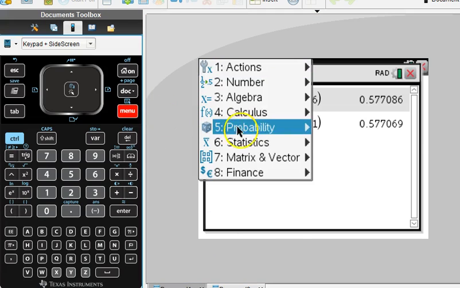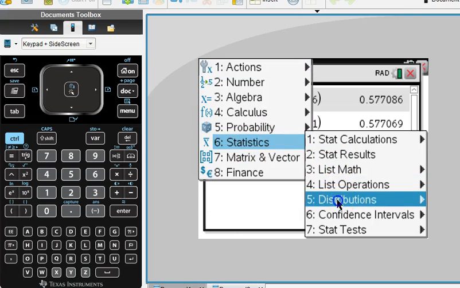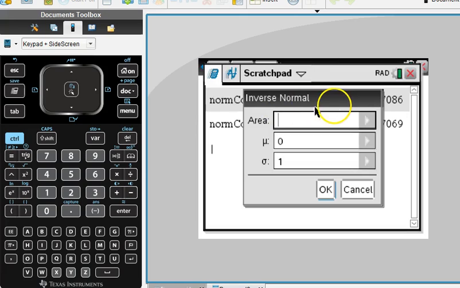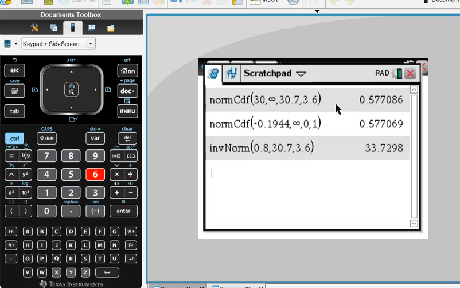So we go to Menu, Statistics, Distribution. Inverse normal is just below normalcdf. So I put in the area that I'm interested in. It always has to be the area to the left of your boundary line. My mu is 30.7, and sigma is 3.6, and I find that the weight that I'm looking for is 33.7 pounds.